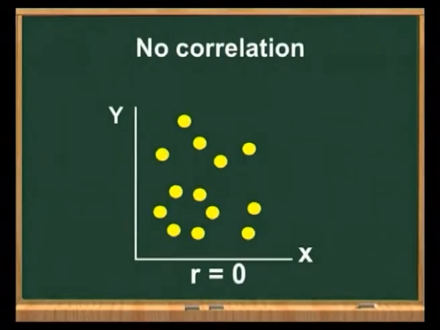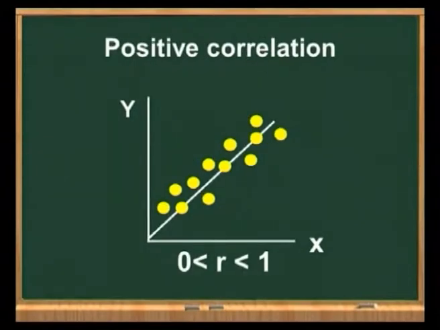If x and y are not related at all, the r value is 0, and we would conclude that x is responsible for none of the change in y. If the data points assume an oval pattern, the r value is somewhere between 0 and 1, and a moderate relationship is said to exist.